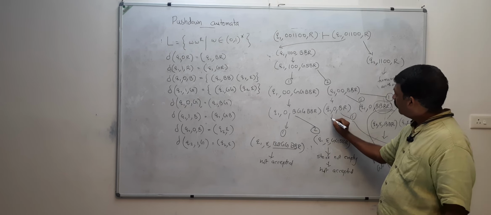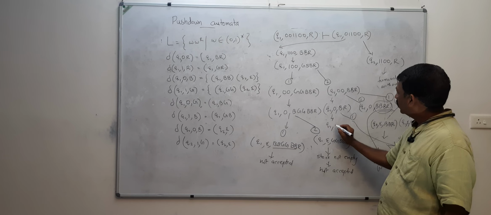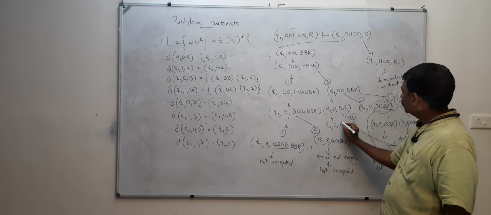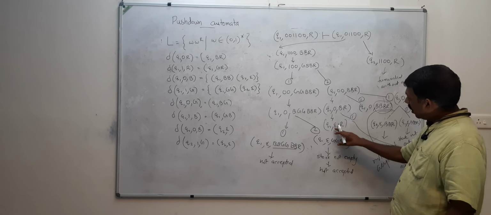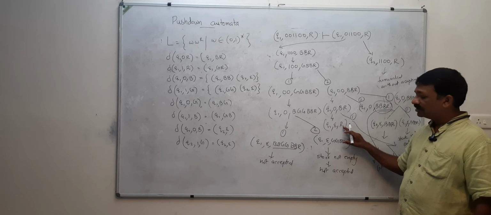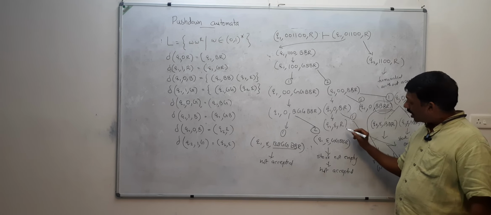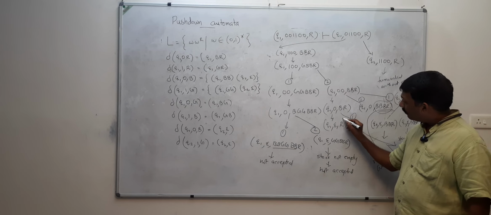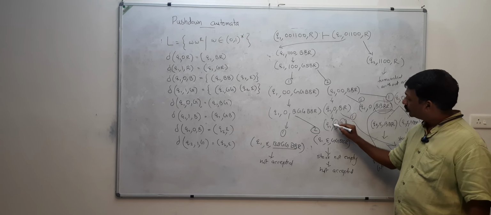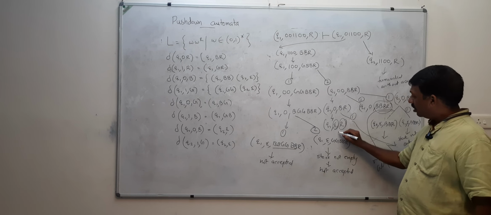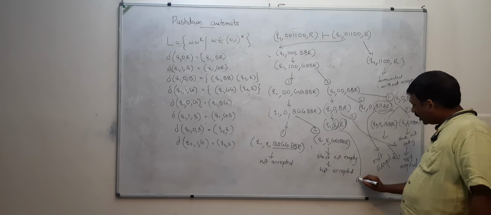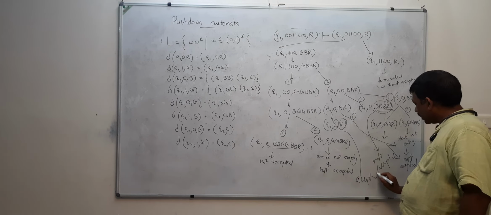Then this will become Q1 after this, and this is R. After considering all the inputs, you have reached the bottom of the stack, and at this point you have emptied the stack. So that is accepted.